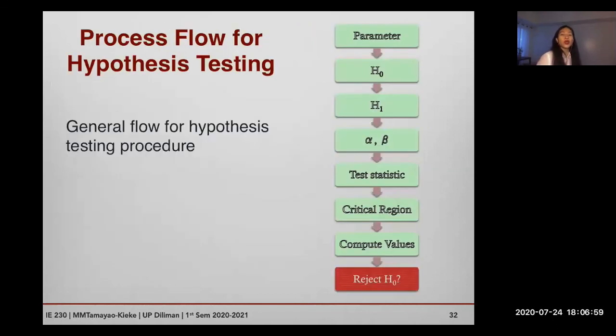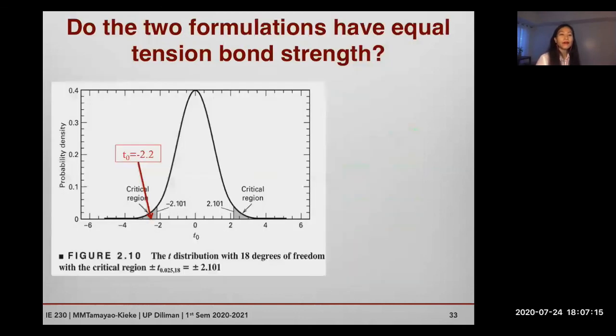Okay, so we have our values for our t-statistic and our critical region, and now we decide whether or not we reject H0, and state our conclusion in the context of the problem at hand. So we computed our test statistic to be negative 2.20.